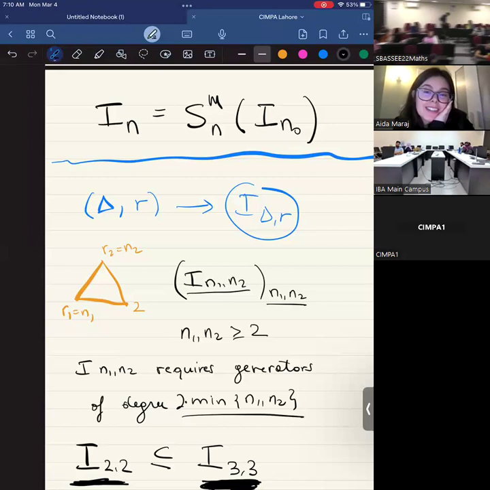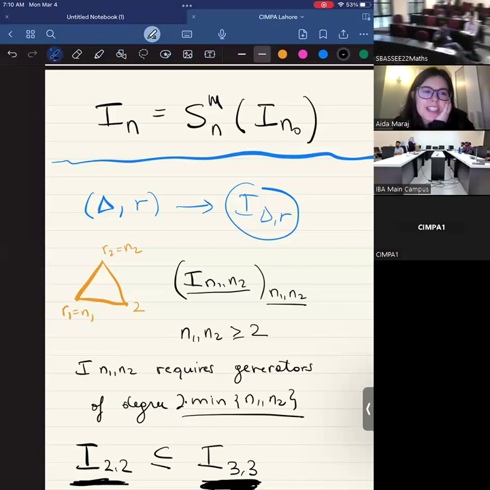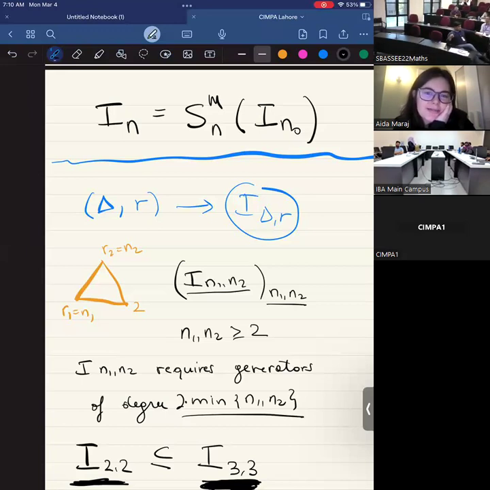Is there any algorithm to construct these, or is the proof just a theoretical proof? Yeah, that's a good point. The proofs are theoretical.